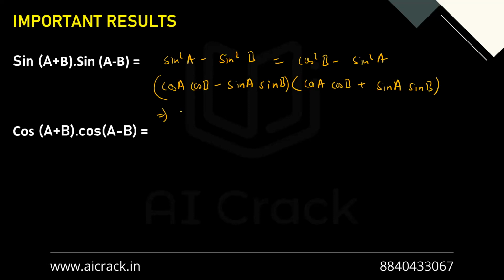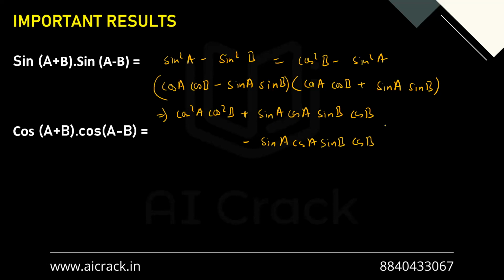Now the first term would be cos square A cos square B. Second term would be sin A cos A sin B cos B. Third term would be minus sin A cos A, so this one actually would be plus sin A cos A sin B cos B. And the last term would be minus sin square A sin square B.